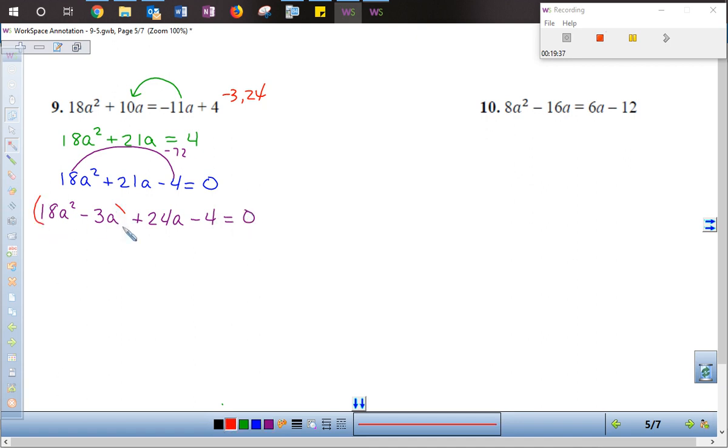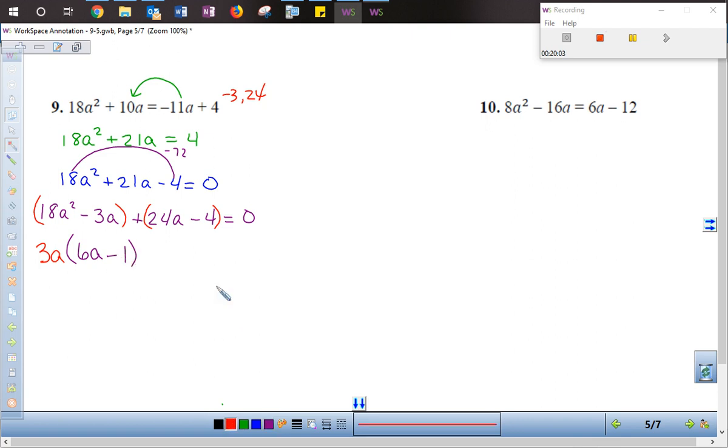Next we can group my binomials with an addition in the center and take out the GCF. So 18a squared minus 3a. 18 and 3 both have a greatest common factor of 3, and they each have an a involved, so I can take out a 3a. Now 18 divided by 3 is 6. A squared divided by a is a. And 3a divided by 3a leaves me with 1.